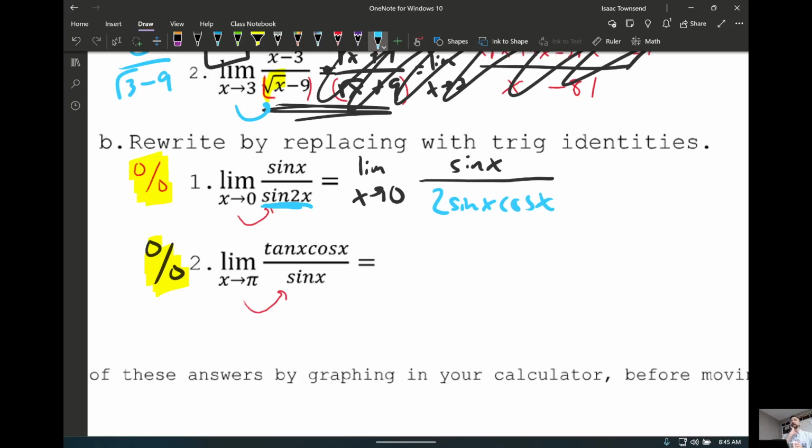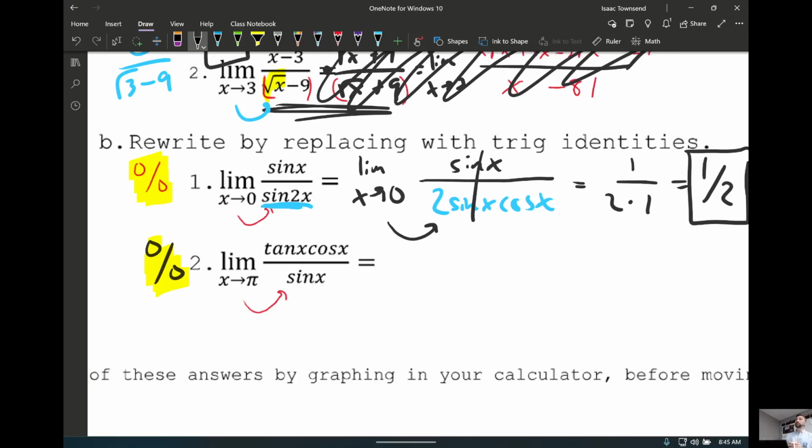But the main thing is I'm replacing that with the trig identity. I'm getting something to cancel, just like we did last week with factoring. And as soon as something cancels, now direct substitution should work. Nothing left here, so 1, 2 times the cosine at 0, and the cosine at 0 is 1.